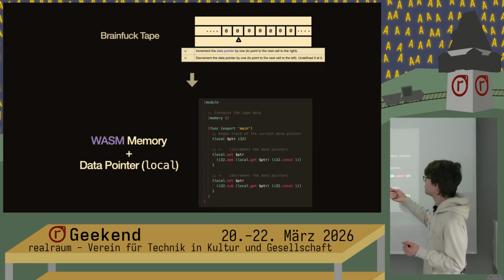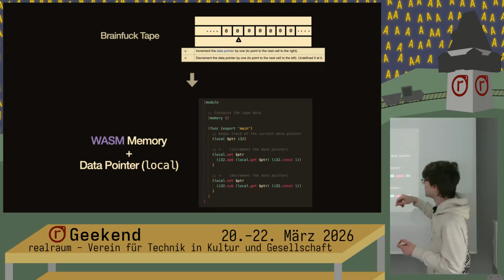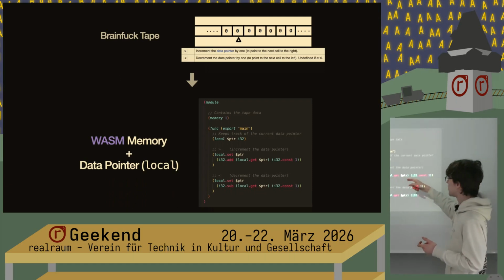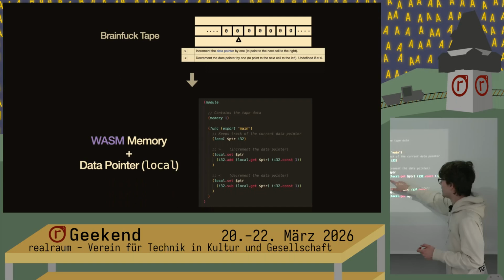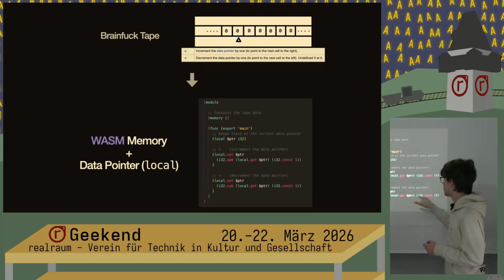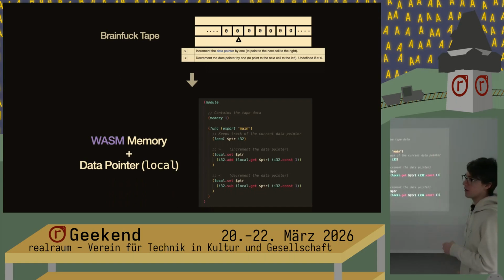And we can use a local variable to keep track of the current data pointer. And then when we find the pointer left and right commands, we convert them into something that does, like, get the current pointer, sum 1, and then save it back. Or get the current pointer, subtract 1, and save it back.